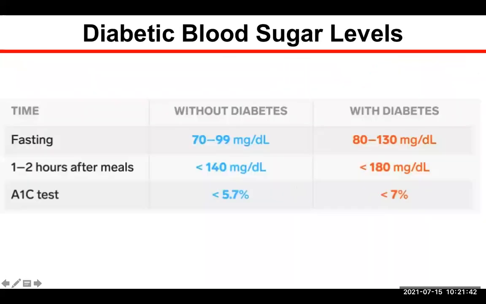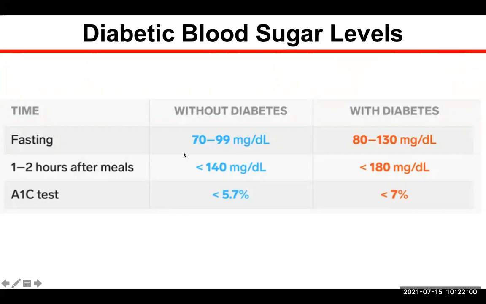And so in tandem to this A1C test, doctors will have you do a couple of different things when they're measuring your blood. They want to see what your resting glucose levels are, your fasting levels.